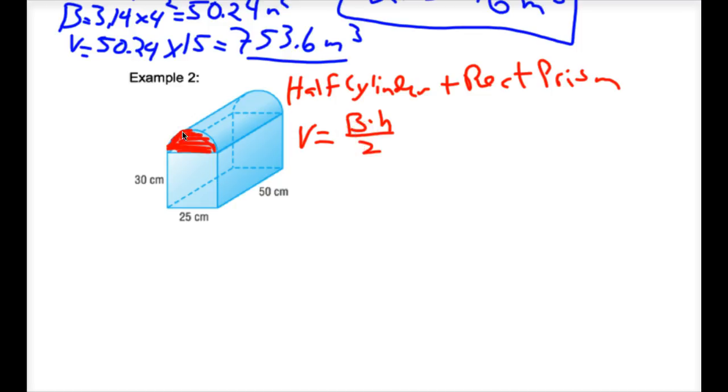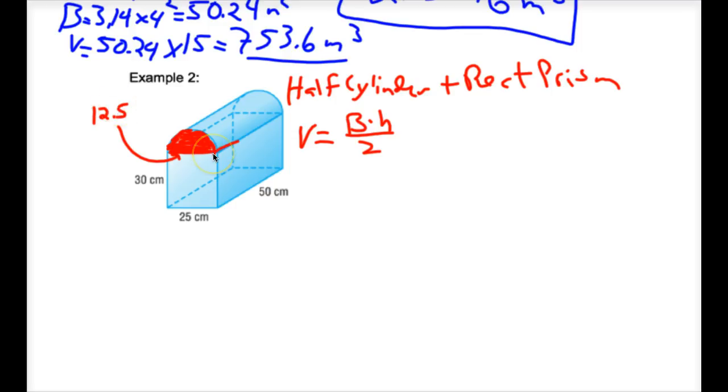Oh, wait, they didn't give us any numbers for the cylinder, though. Yeah, the 25. It's at the bottom. What would the radius of the cylinder be? 12.5, right? Half of 25. Okay, the whole diameter would be 25, so the radius would be 12.5.